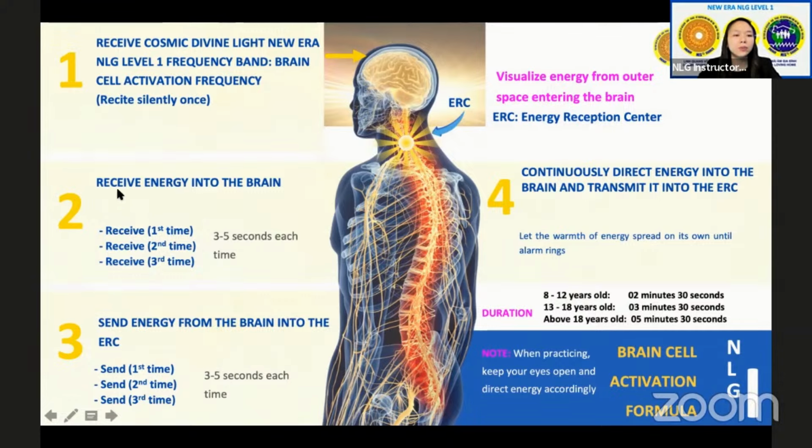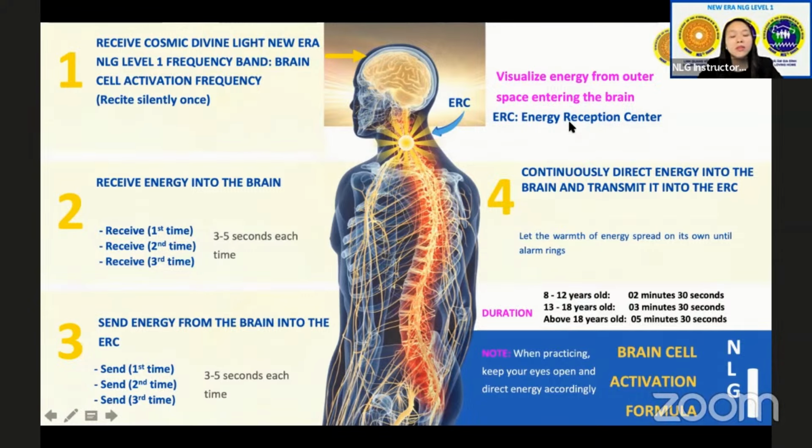And then step 2, receive energy into the brain. Now pay attention to this verb. Is it receive? That's exactly what you do. Throughout this process, you don't just recite them in your head, you actually do as it is instructed. So in step 2, you receive energy into the brain. That means you visualize energy from outer space entering the brain.